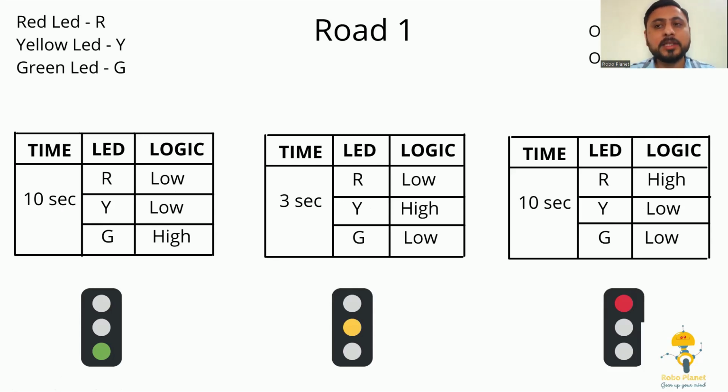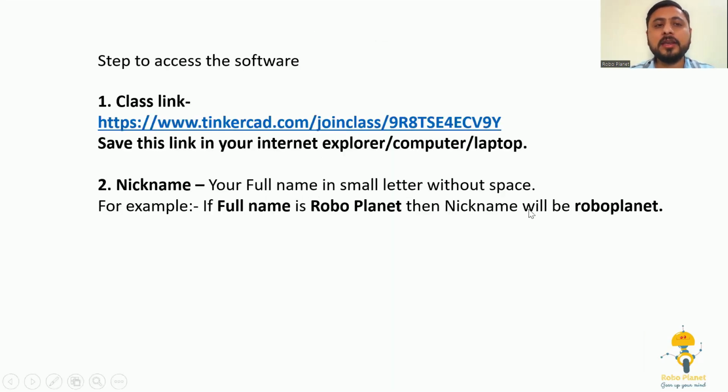So are you ready to make this project in hardware? Yes or no? And what steps do we have to follow if we want to make the same project in software? We have to follow the steps to log in to our account. Now again, these are the steps to log in to our software.